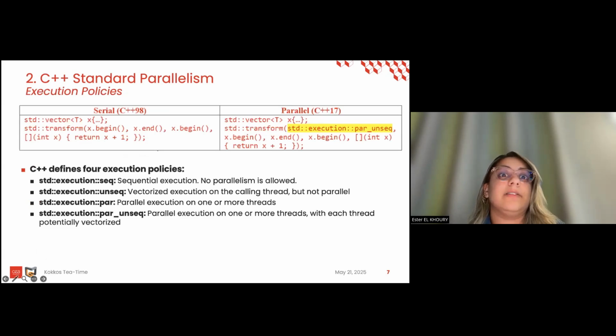Since C++17, the C++ standard introduced execution policies. It introduced four: the sequential one, the unseq, which indicates that the execution may be vectorized, the parallel one, std::execution::par, that indicates that the code will run in parallel using multiple threads, and std::execution::par_unseq, where the code will run in parallel with vectorization.